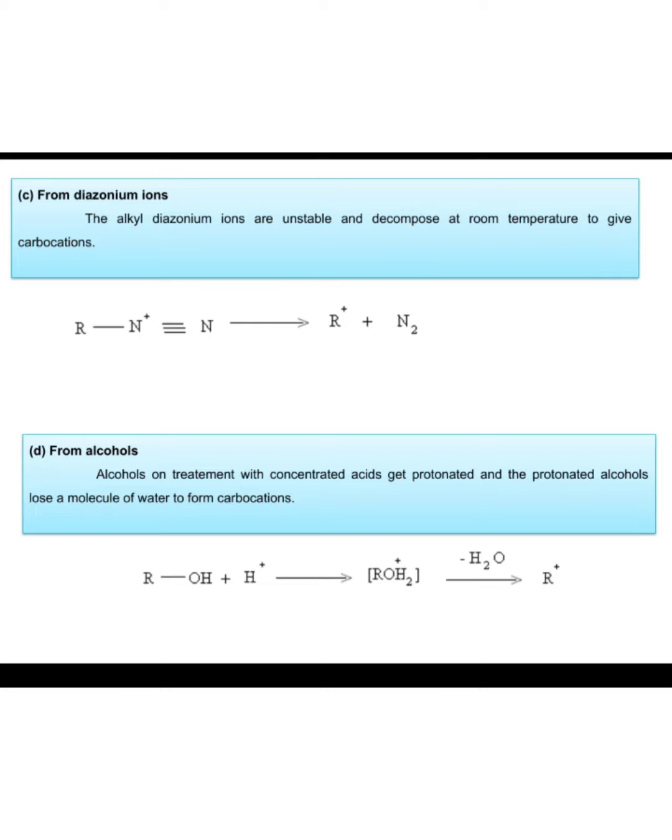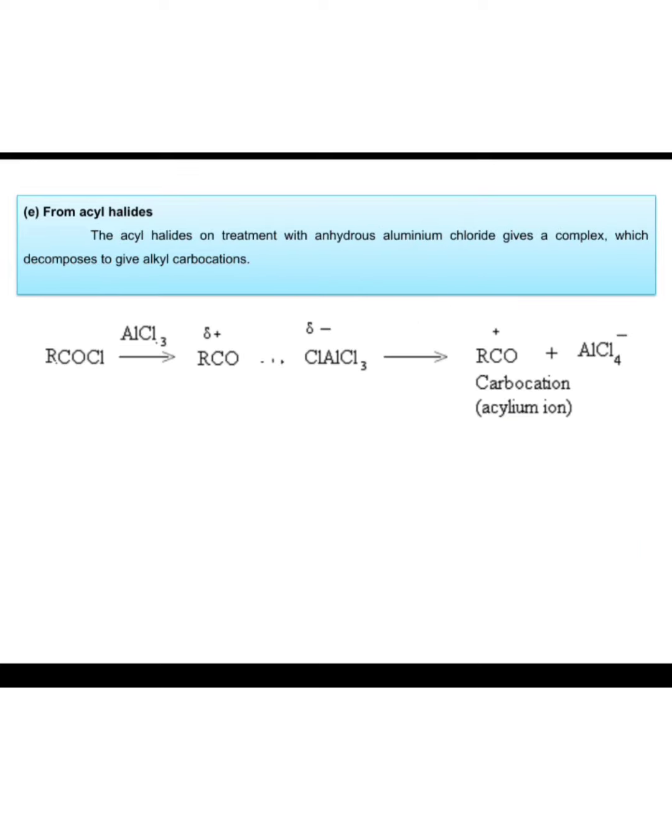And the next one, carbocations are prepared from alcohols. When it is protonated, it first forms the protonated alcohol, a water molecule is removed, and it gives a carbocation. And in the next method, it is also prepared from acyl halides or COCl.